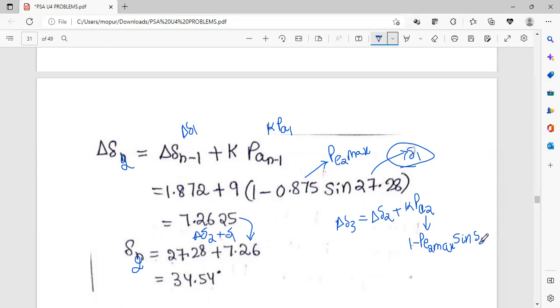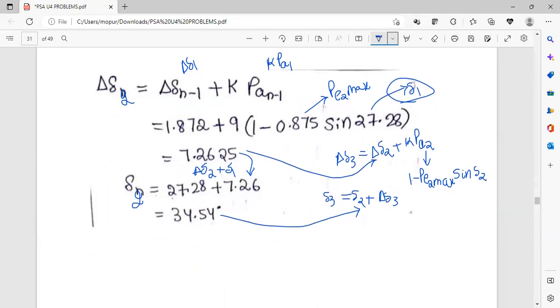Now you will get the value of del 3. After getting del 3, del 3 is equal to del 2 plus the increment. So you can take this del 2 value here and this del 2 value here to get the value of del 3. So this is the step-by-step method.